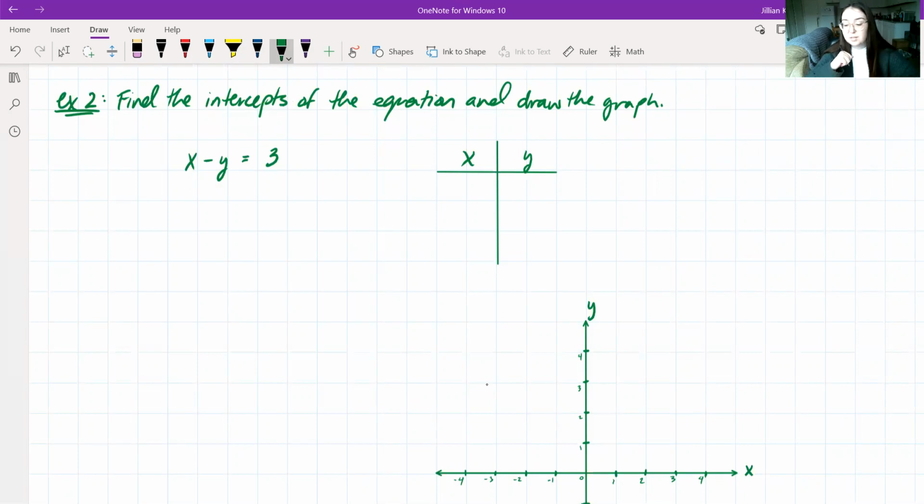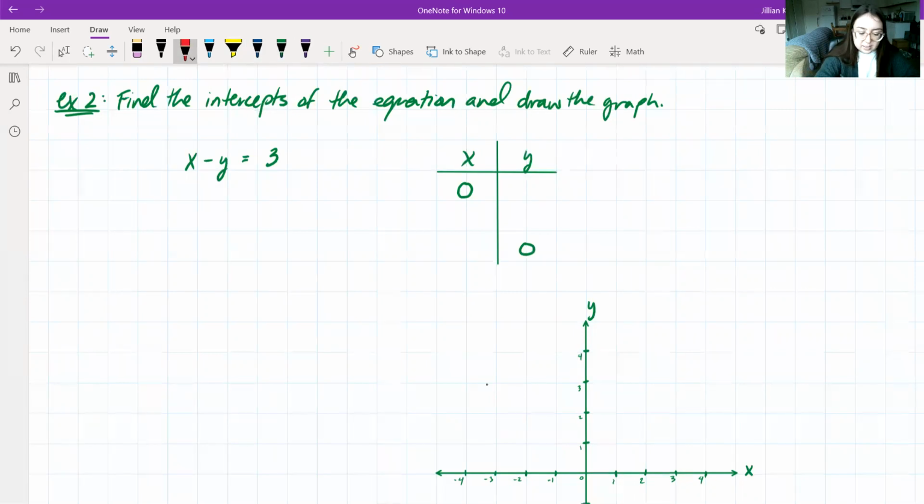So our first value in our table, for x, let's just go ahead and put 0. We want to find that y-intercept. And then in our last spot, we plug in 0 for y, and we're going to find that x-intercept. And then we're going to find a value in between.